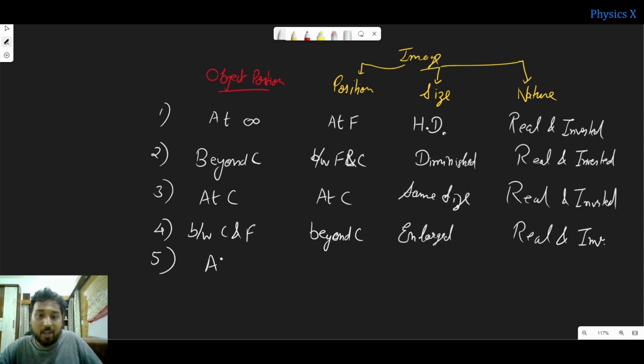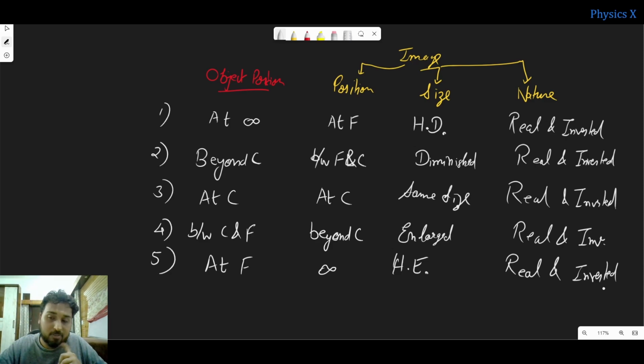Then I took it at F, okay, at the focus point. Then the image becomes formed at infinity, and it is now a highly enlarged image. Still it is in the category of real and inverted because the reflected rays will be meeting somewhere at infinity and forming an image, right?